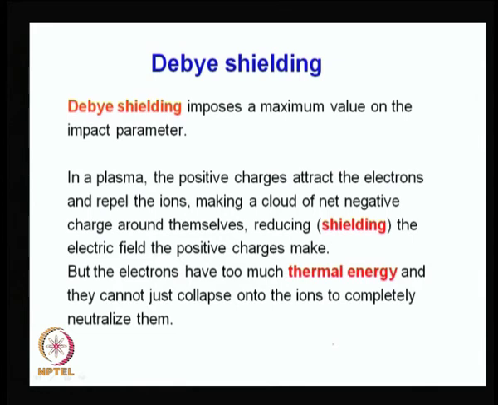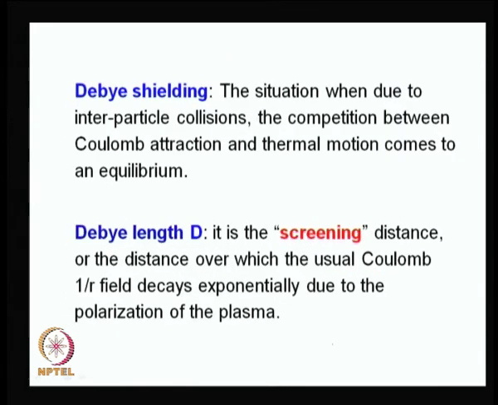So, there is an equilibrium which is established between the force of attraction of the ion on the electron and the movement of electrons away due to collisions. So, due to interparticle collisions, Coulomb attraction and thermal motion come into equilibrium, and the field of the plasma is shielded from any external fields. This is the Debye shielding.